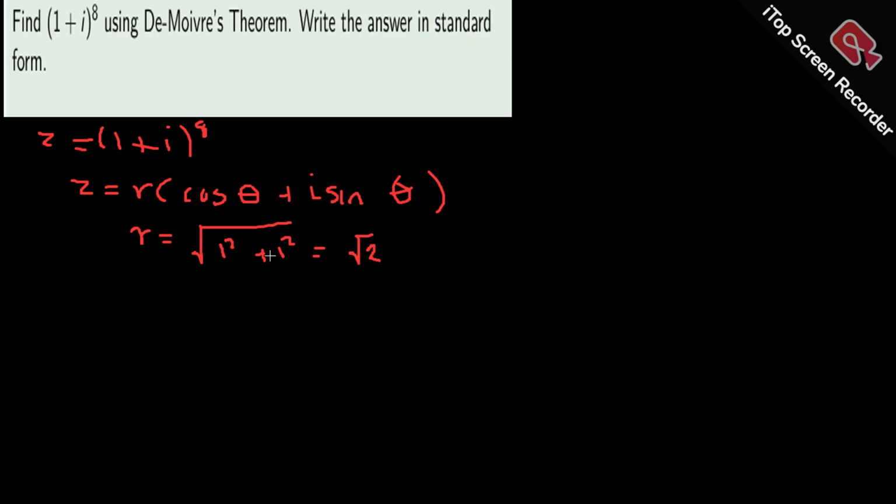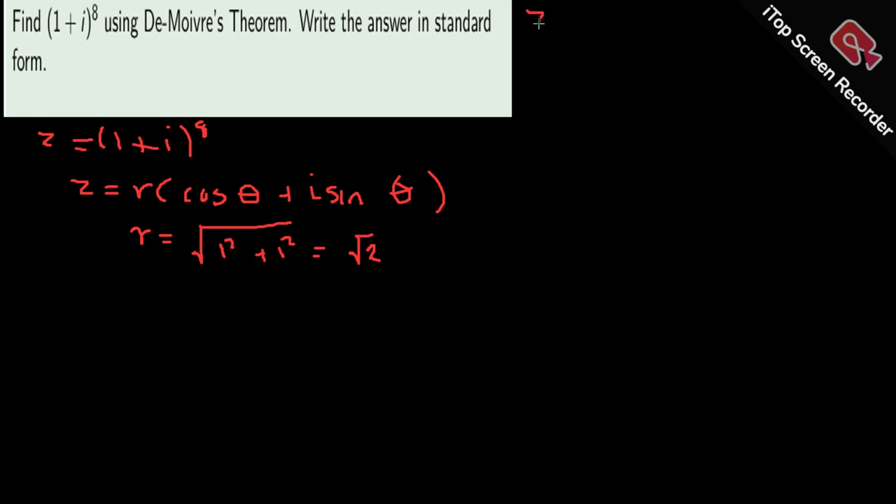Now we have managed to find the value of r. We're supposed to find the argument. If you don't know how to find the argument, if you don't know about special angles, then it's going to be difficult for you, my dear.